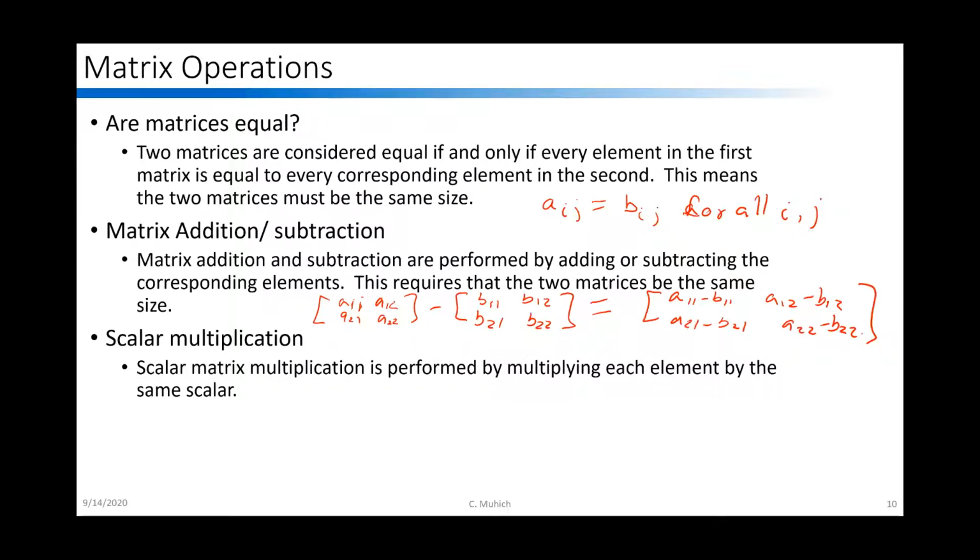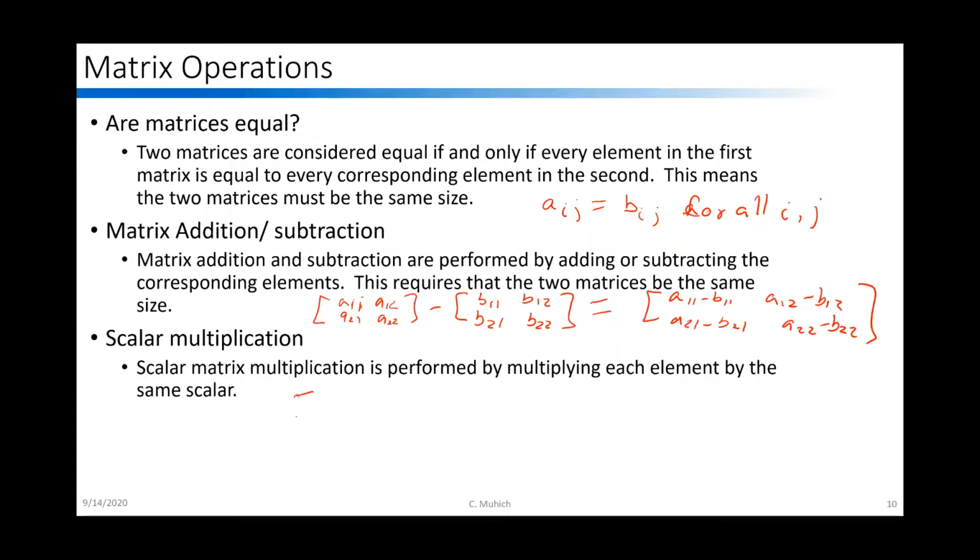So as you'll see from this format, we require that the matrices have to have the same size. Otherwise, I'm not going to be able to take this element by element approach. The next thing would be scalar multiplication.